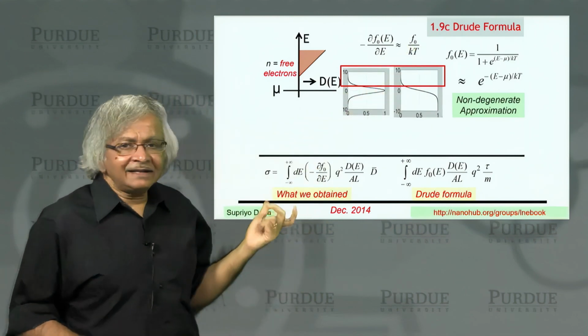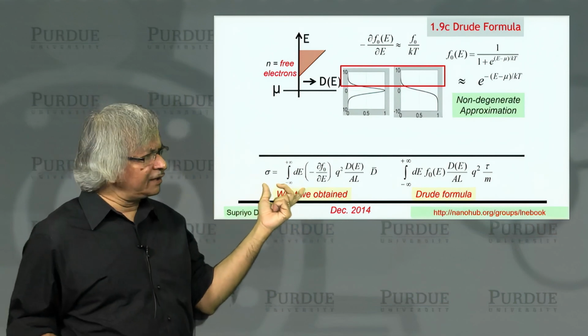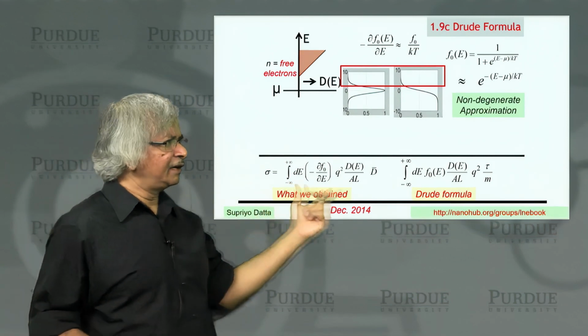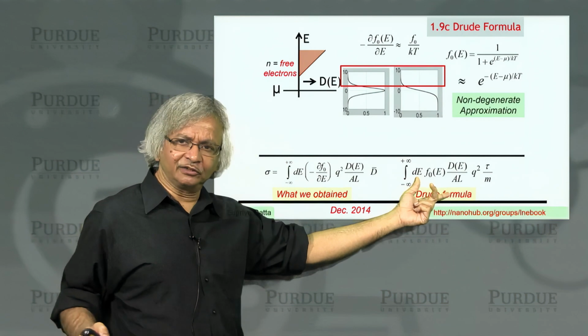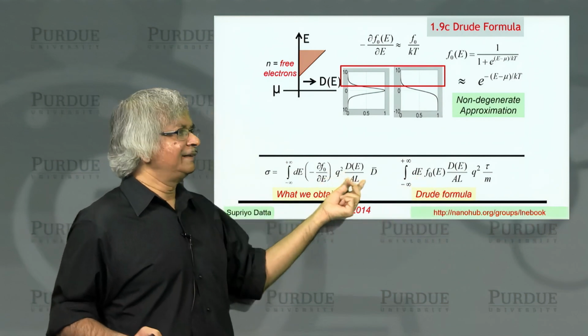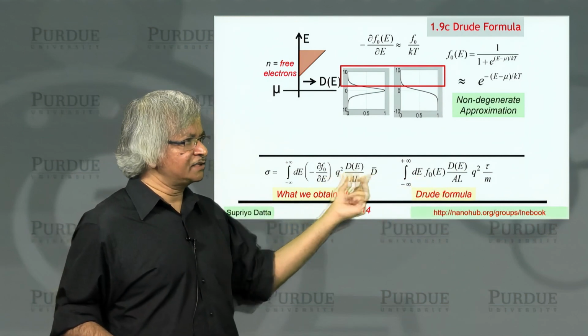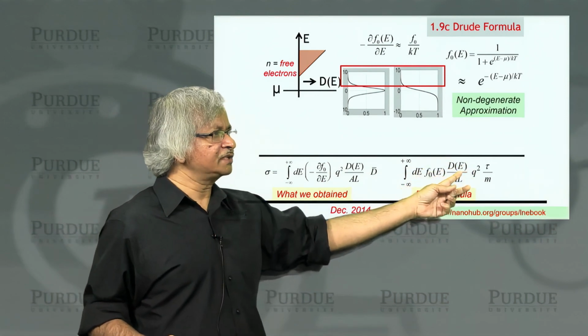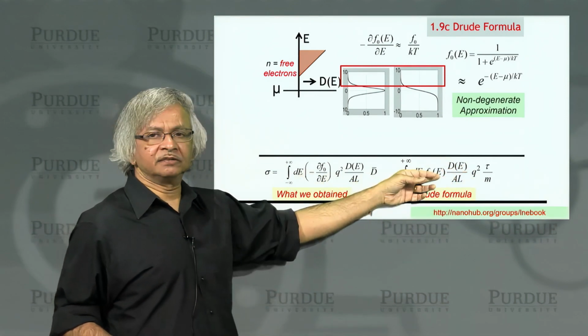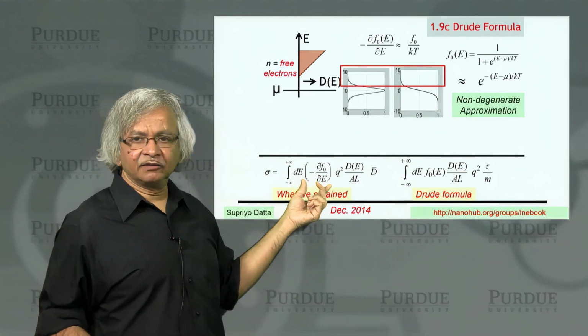So in that case, when you look down here, it seems like the function we have and the Drude formula don't look all that different anymore. After all, there's a q square and a density of states. You have a q square and a density of states. Here you have a Fermi function. Here you have a derivative of the Fermi function.